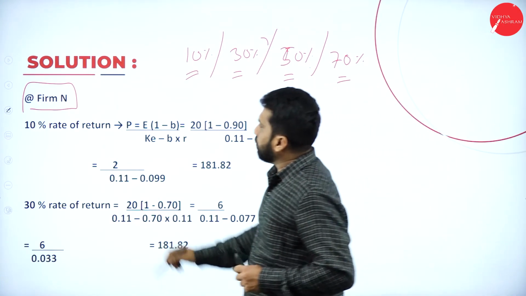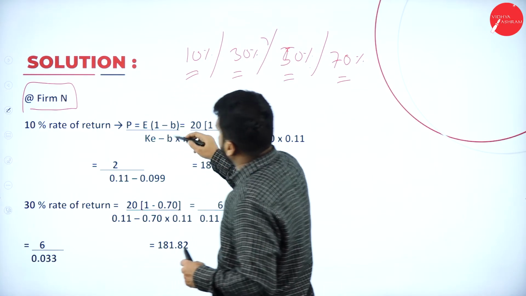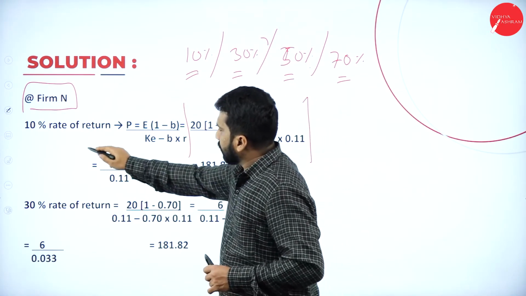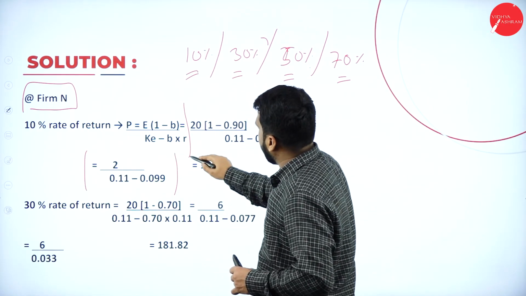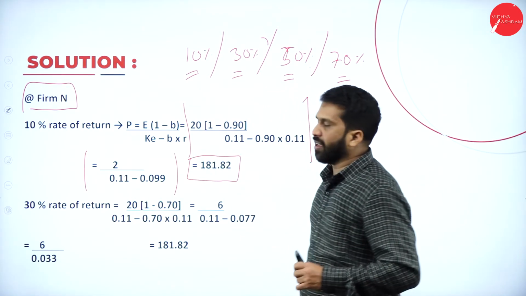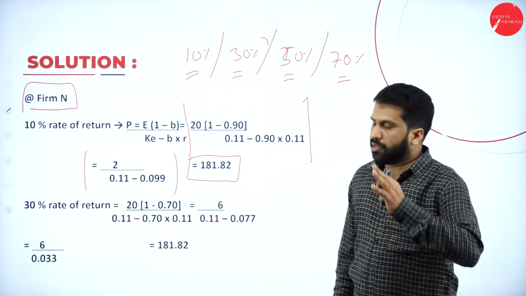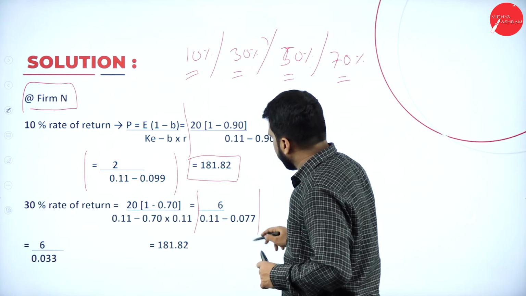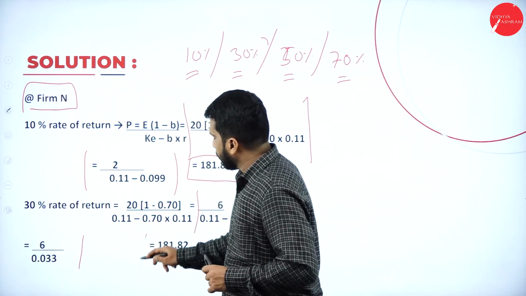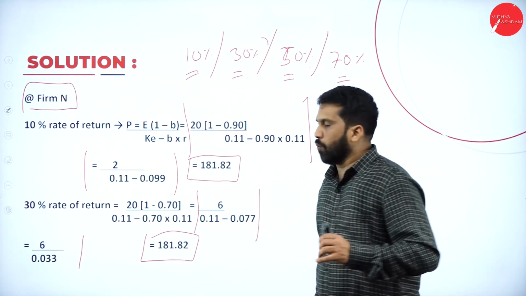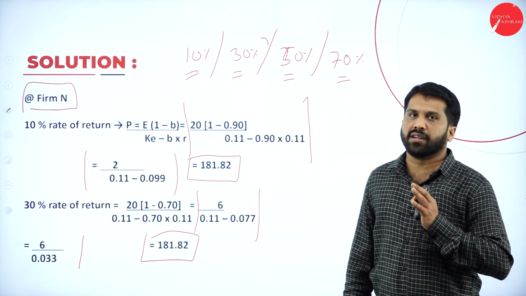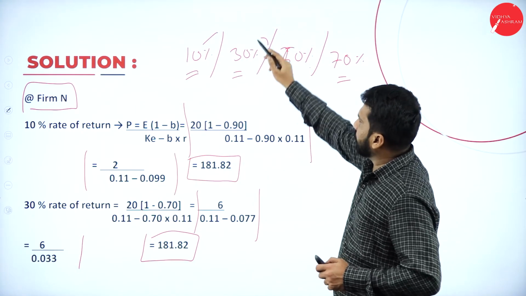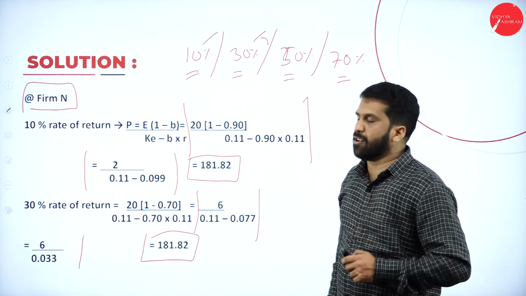Now, 10%, calculate with this formula, second procedure, third procedure, and your final answer is 181.8. Similarly, first procedure, second procedure, third procedure, and your final answer 181.82. Now, 10% over, 30% over, now come to 50%.